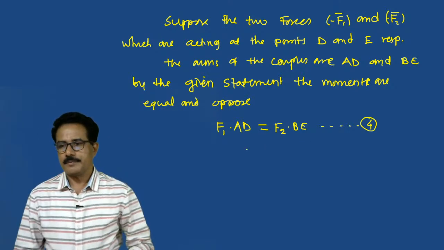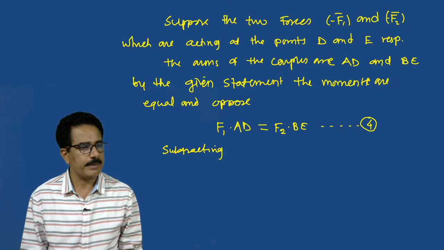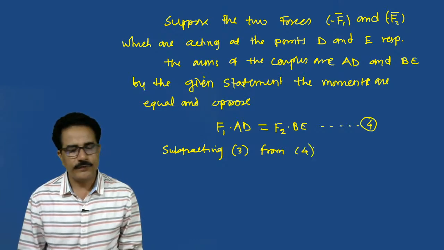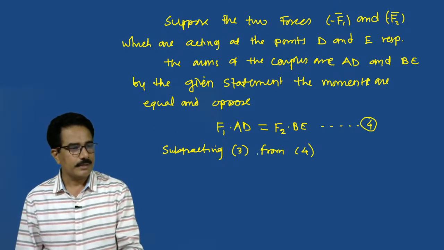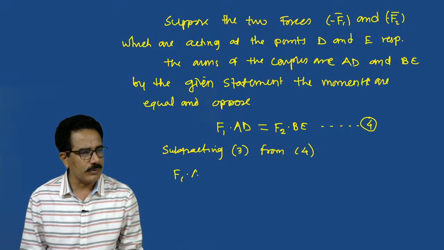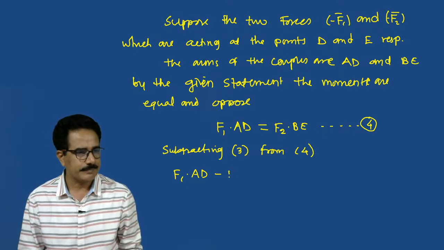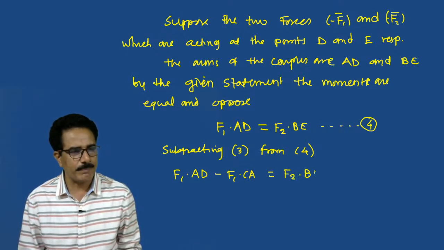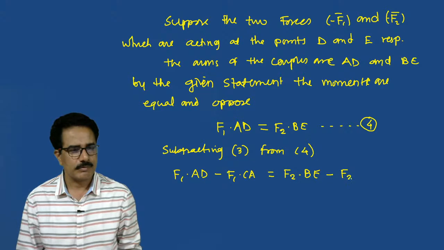ओके, subtracting 3 from 4. हे 3 मधून 4 सबट्रॅक्ट, सबट्रॅक्टिंग 3 from 4. 4 मधून 3 सबट्रॅक्ट करा. 4 कोणता आहे पहा, F1 into AD. मायनस 3 कोणता आहे पहा, F1 into CA, which is equals to F2 into BE minus 3 कोणता है F2 into CB.